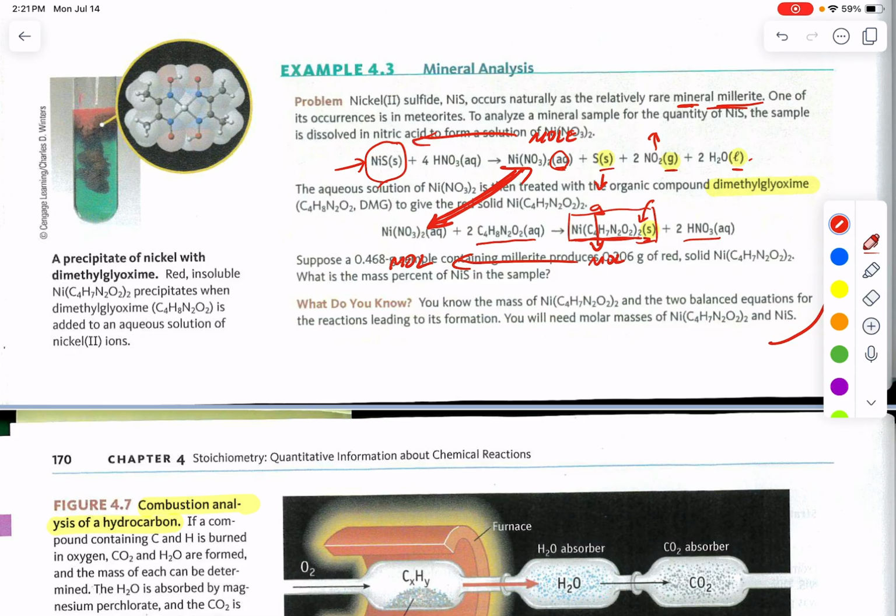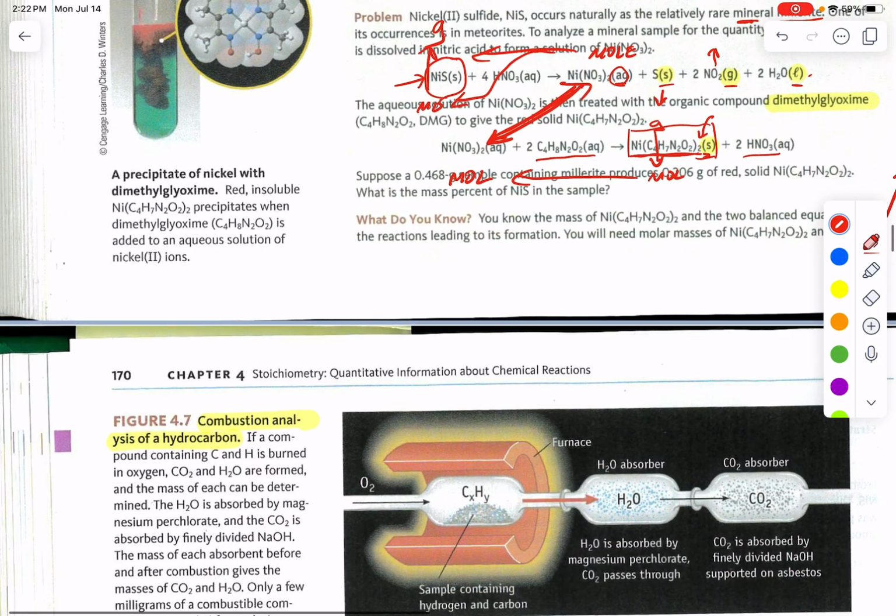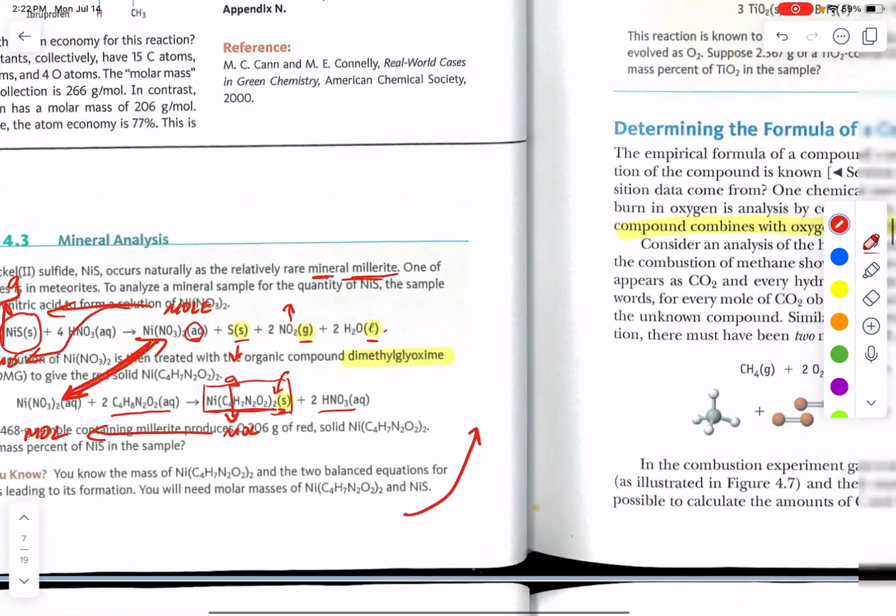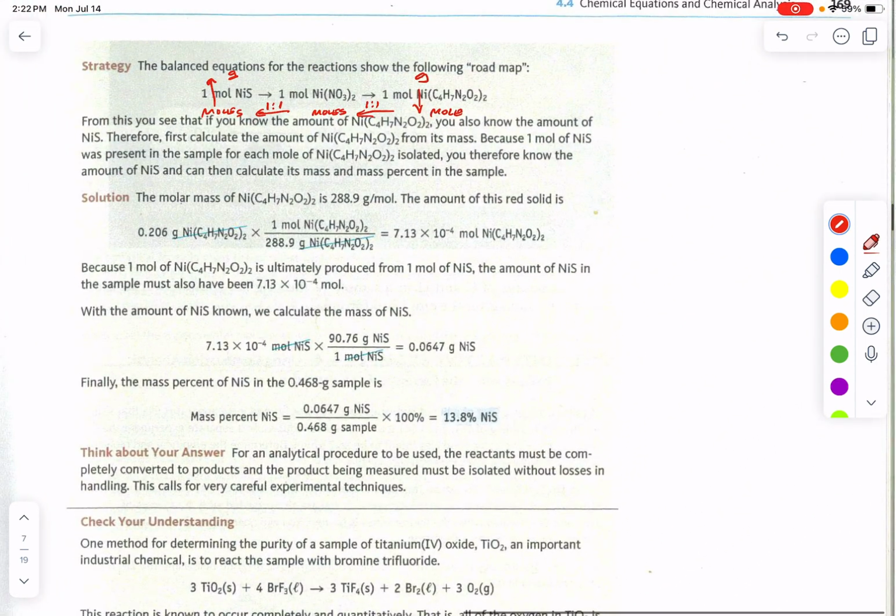And then you can go back here, and when you find your moles, you can convert that into grams. And that number of grams would be the grams of pure nickel sulfide, and then you would divide that pure nickel sulfide by the original mass of your mineral and get the percentage of nickel sulfide in that mineral and decide if that concentration is high enough that you would be willing to mine it.